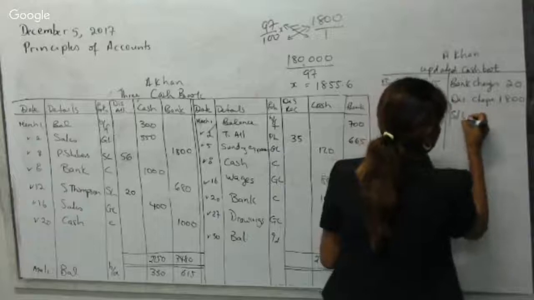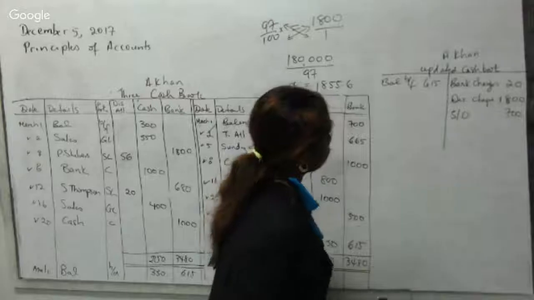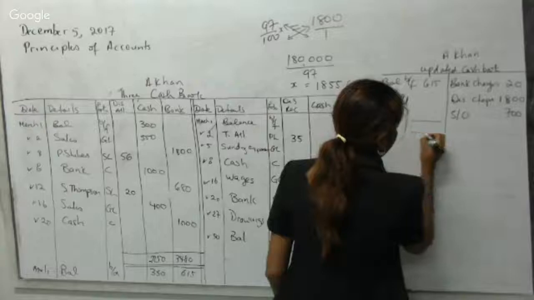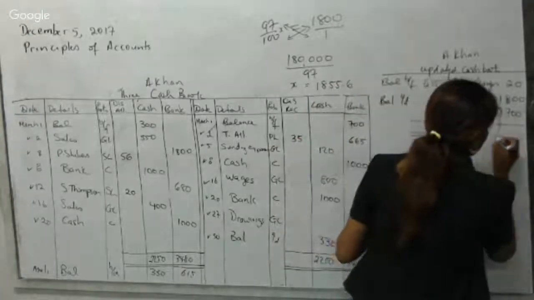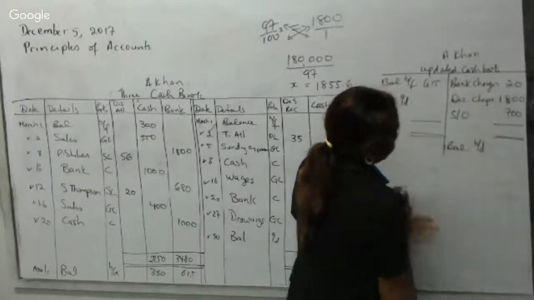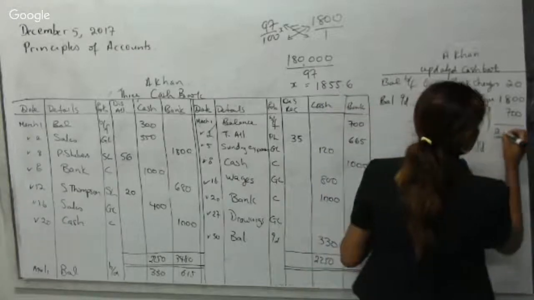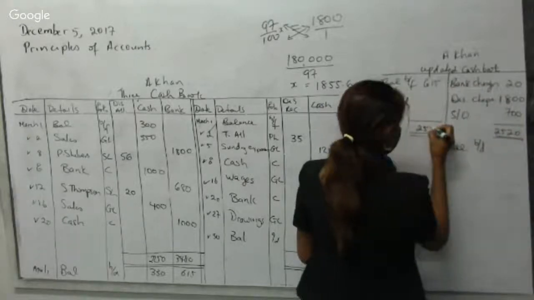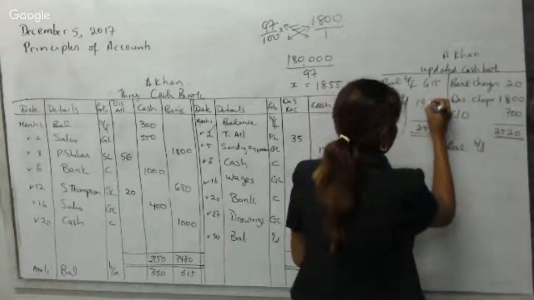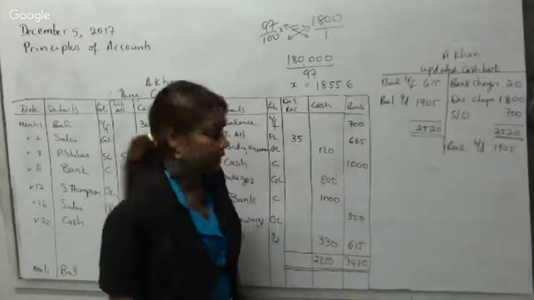Standing order for 700. And that's it. So balance it out. The balance carried down, I realized just by looking at it, is going to be a credit balance. So we have 1,008 plus 700 plus 20 is 2,520. 2,520 minus 615 is 1,905.